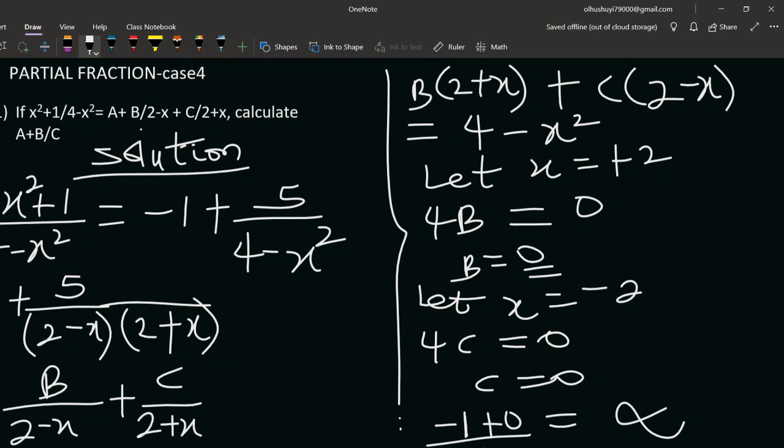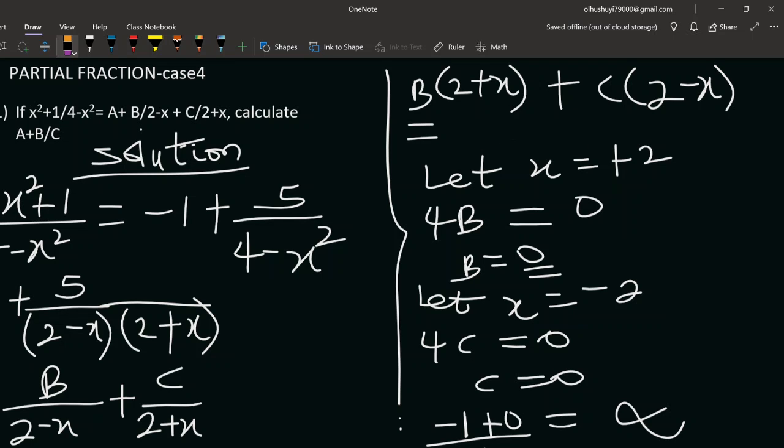Then it means we need to put something. Oh, I did not write 5, it should be equal to 5. Oh, there's an error here, so that's why we are having that mistake.